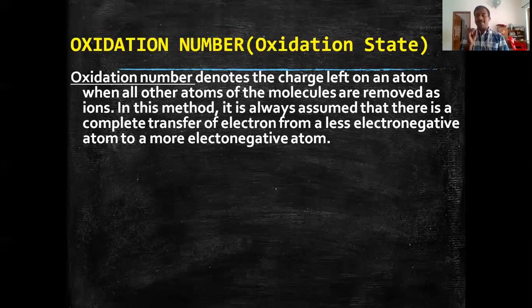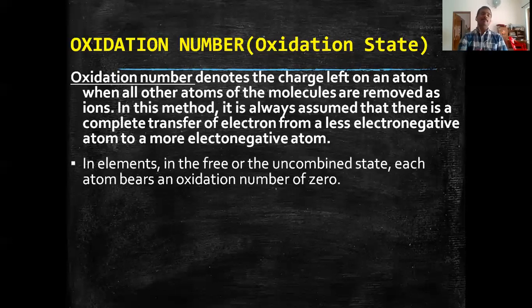So in order to assign oxidation numbers, we have to remember certain rules. The first one: the oxidation number of an element is 0. The oxidation number of O2 is 0, 2 oxygen atoms. In O2, oxidation number is 0. The oxidation number of hydrogen in H2 is 0.